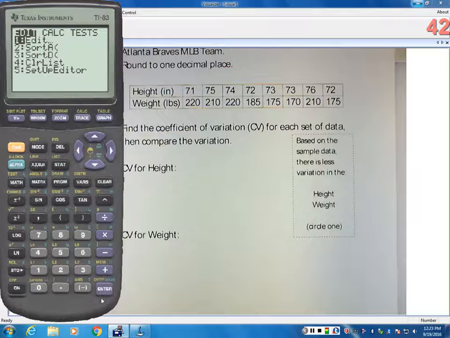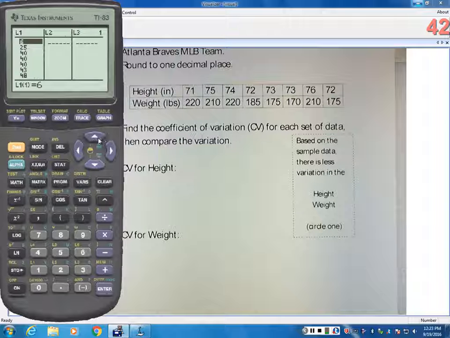We'll go stat, edit, and I'm just going to delete all of these. I'm not going to clear them out. I'm just going to delete them all. I'm going to enter the heights in list 1.